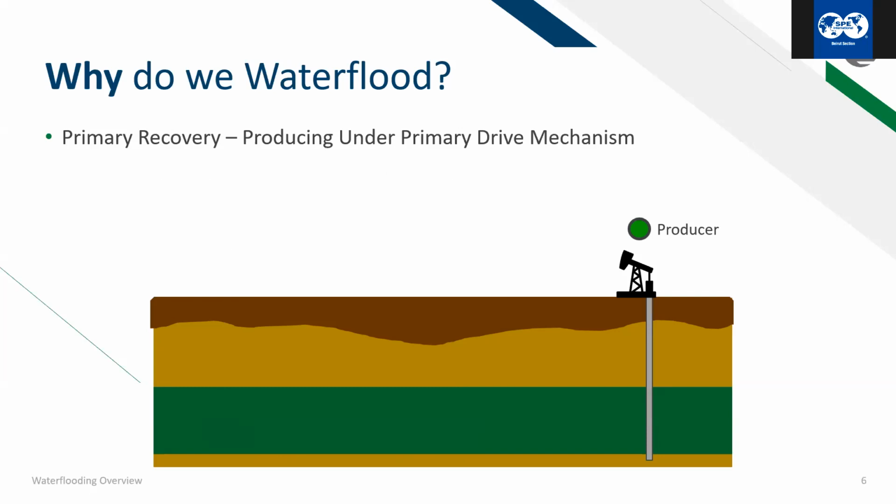You can get oil out of the ground during primary recovery. There's some kind of drive mechanism that exists in the reservoir already, usually a pressure drive, and that's what pushes oil out of the ground. So why do we water flood?